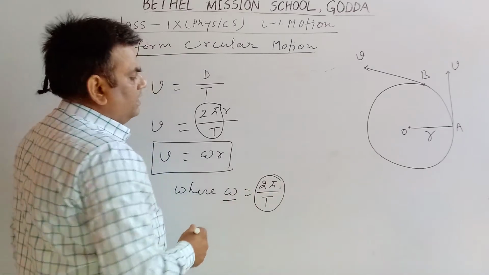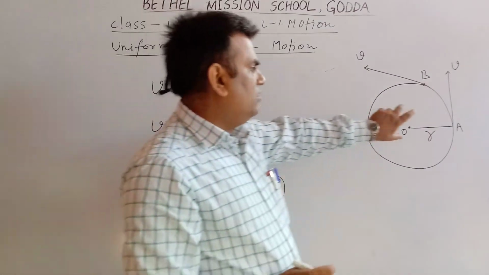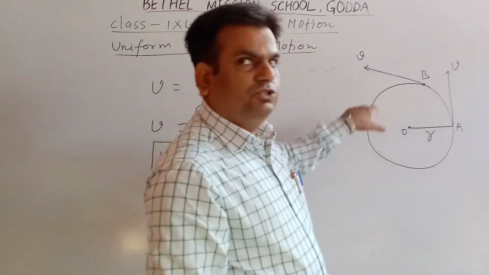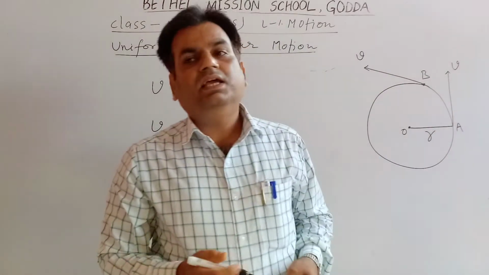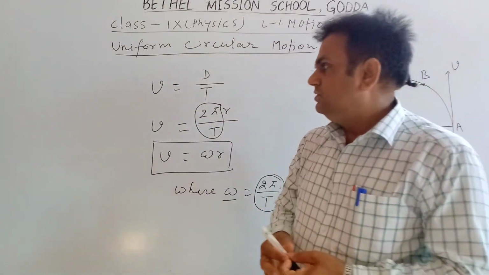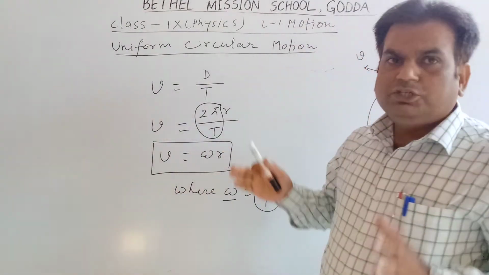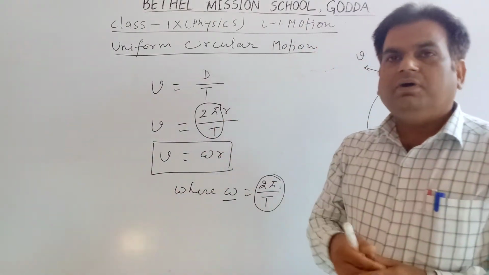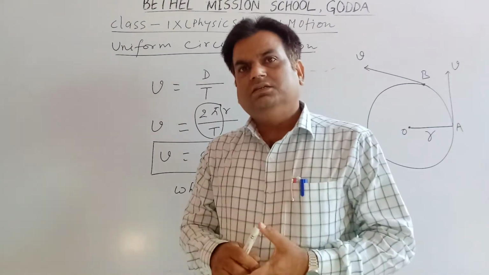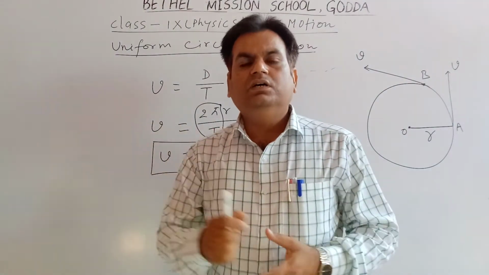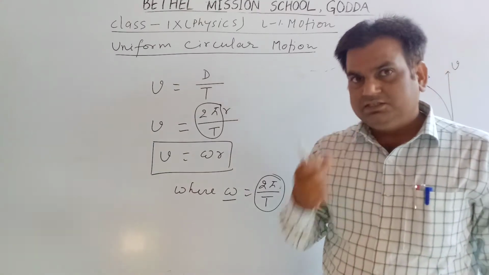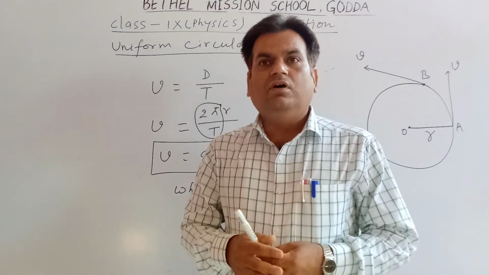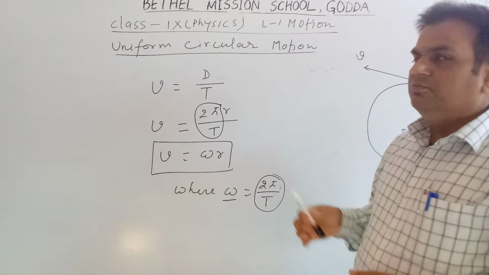This is omega. There are so many examples of the motion of an object in a circular path. The Earth revolving around the sun is an example of circular motion.